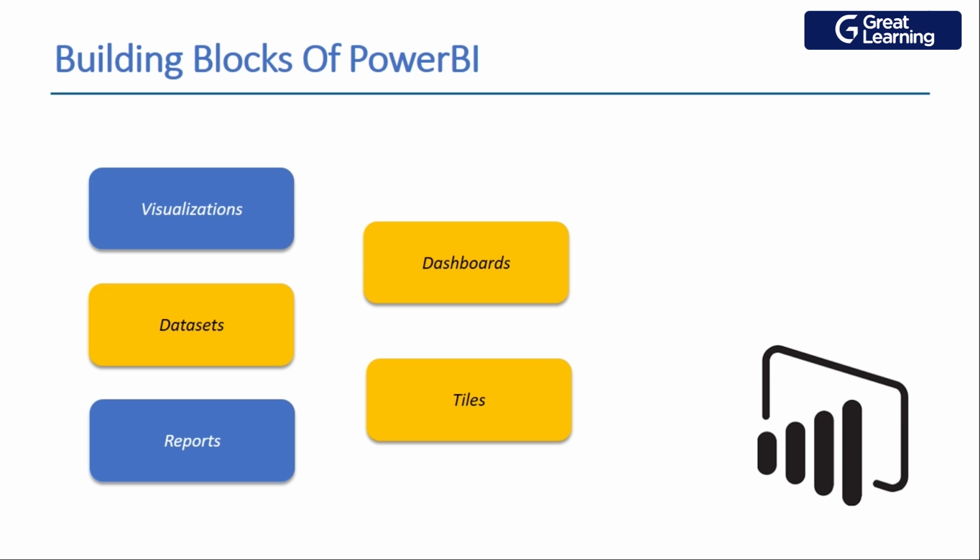And when you build on it and create multiple such visualizations and tiles together, you put them in a report. Now, a report is basically one or more pages of visualizations, graphics and texts that you can put together and convey a certain set of information.